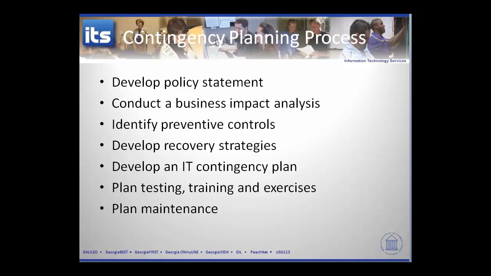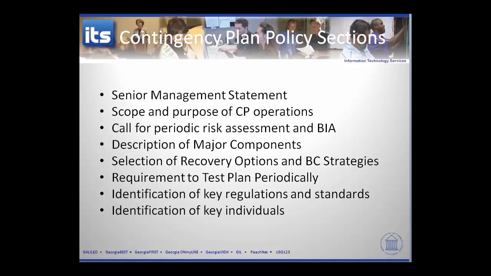Now let's look at sections within one of these documents. So again, just like a strategic plan, you're going to start off with a senior management statement. Typically, that's going to be about 1 page, signed by the CEO or the CIO or CISO.